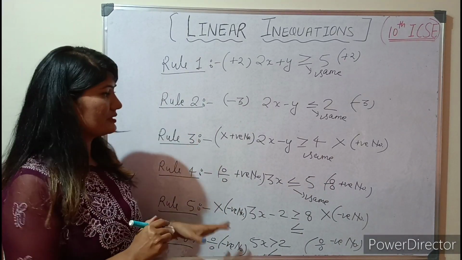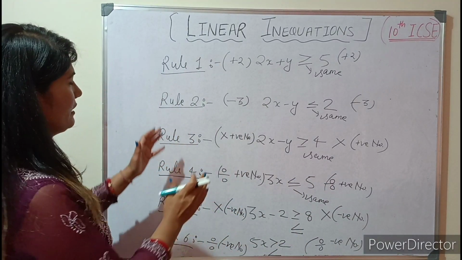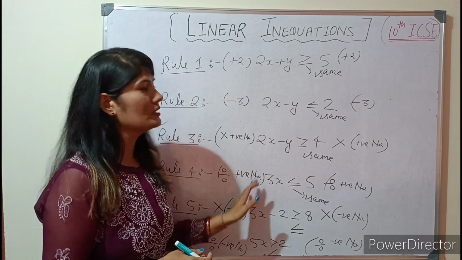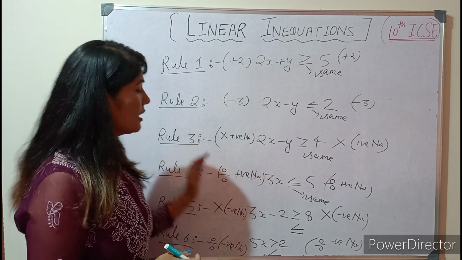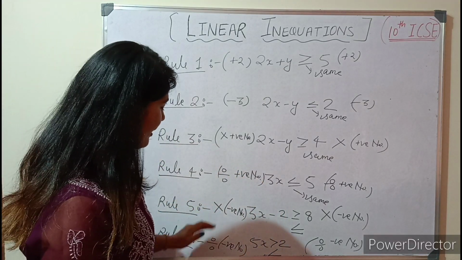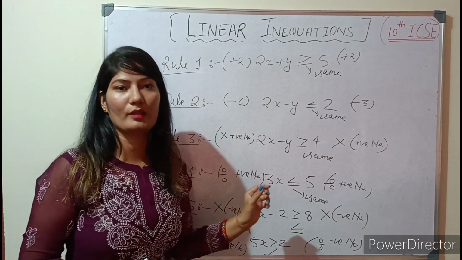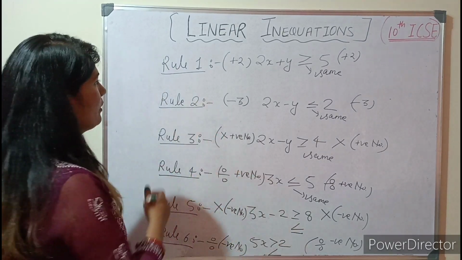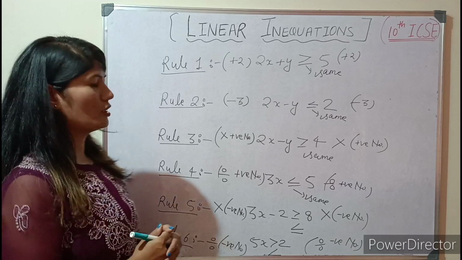Clear? So you have to just keep in your mind that in case of addition, subtraction, multiplication and division, the sign will be as it is. But in case of multiplication and division by a negative number, the sign will be changed. So this is all about the rules which are very helpful in solving the inequations.